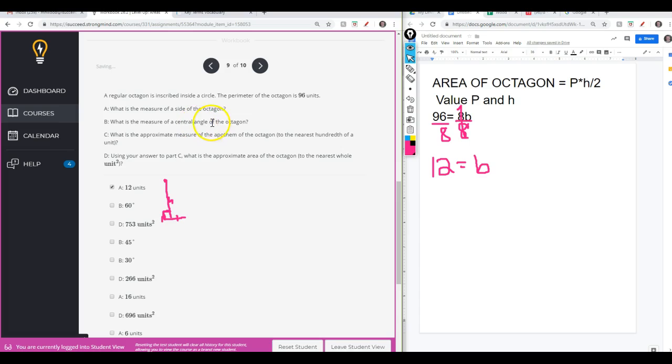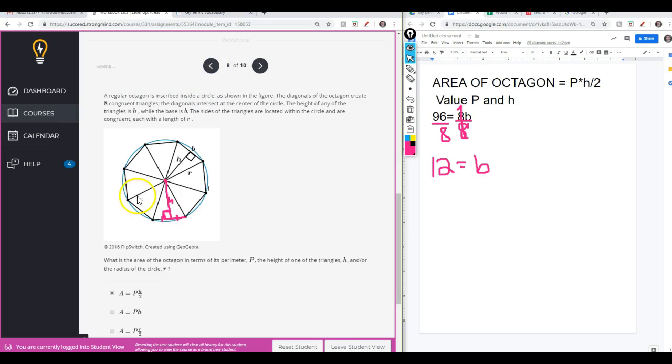What is the measure of the central angle of the octagon? Using this as a reference picture, how are we going to find that? Well, I know in a whole circle there are 360 degrees. If I take 360 degrees and divide it by the number of central angles I have right here in the center, it will tell me the value of each of these individual little central angles.